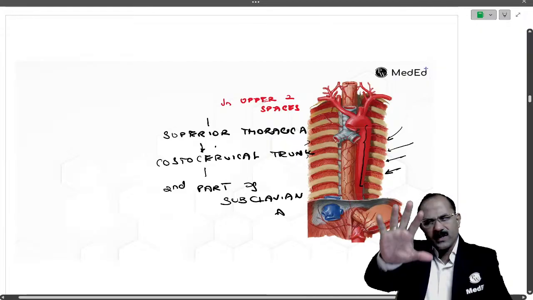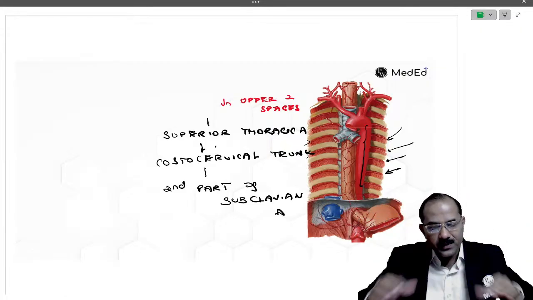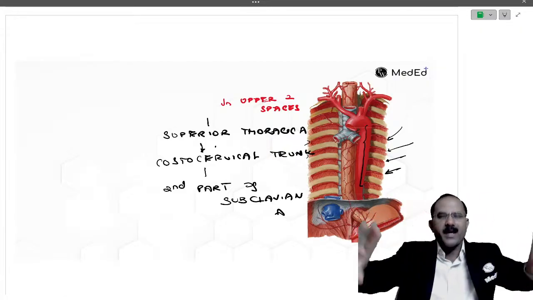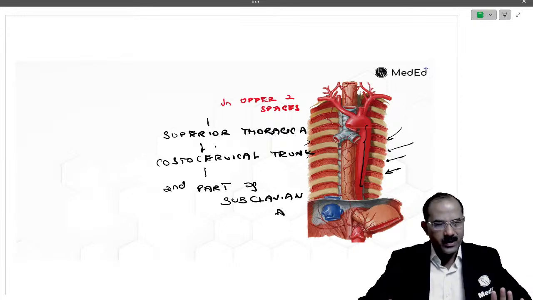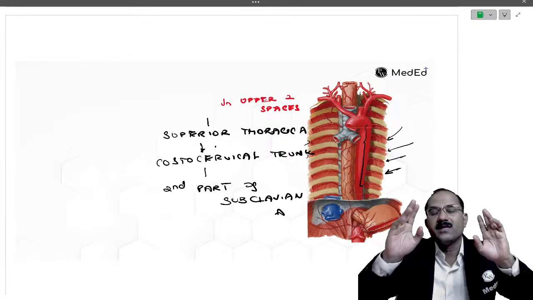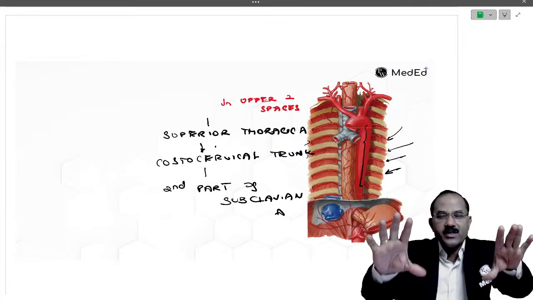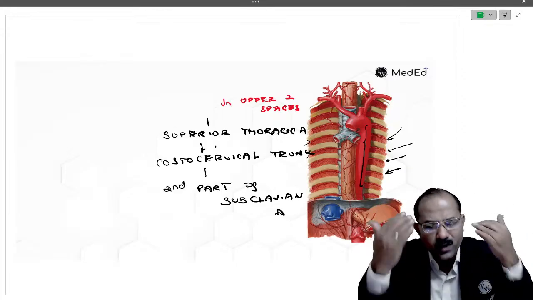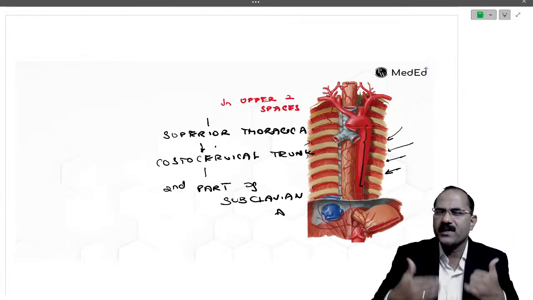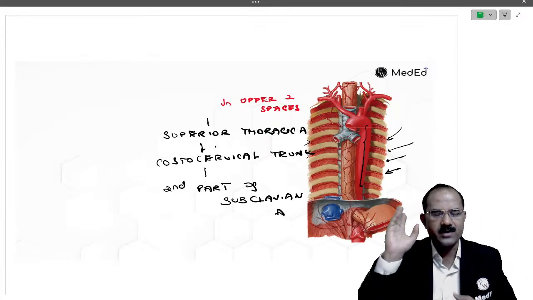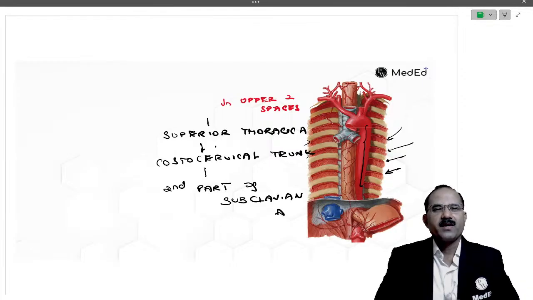So just try to understand this. Posterior intercostal arteries in the lower spaces are branches of the descending thoracic aorta. In the upper 2 spaces, these are branches of the superior intercostal artery, which is a branch of the costocervical trunk, which is a branch of the second part of the subclavian artery. Are you able to follow this?